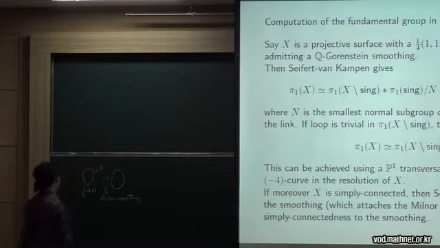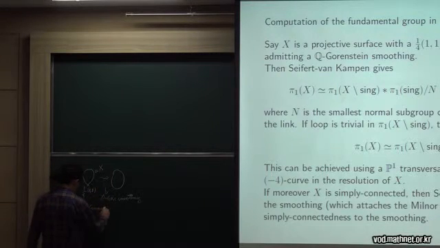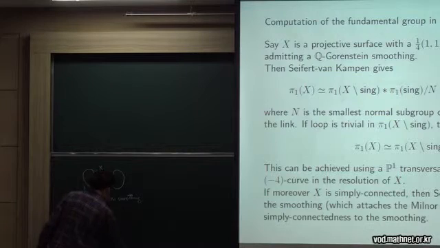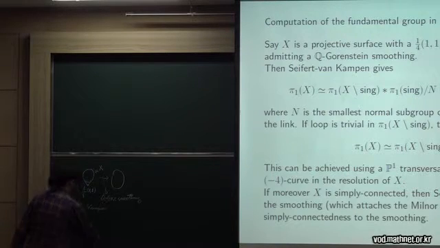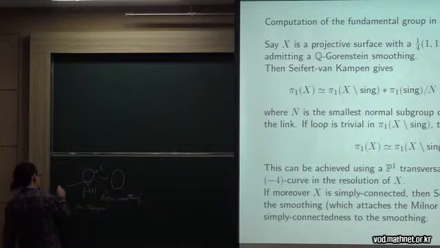So the way it goes, the computation of the fundamental group, is Van Kampen. For the simplest case, you take two open sets, one of them is a neighborhood of the singularity, then the boundary here is the link of the singularity.